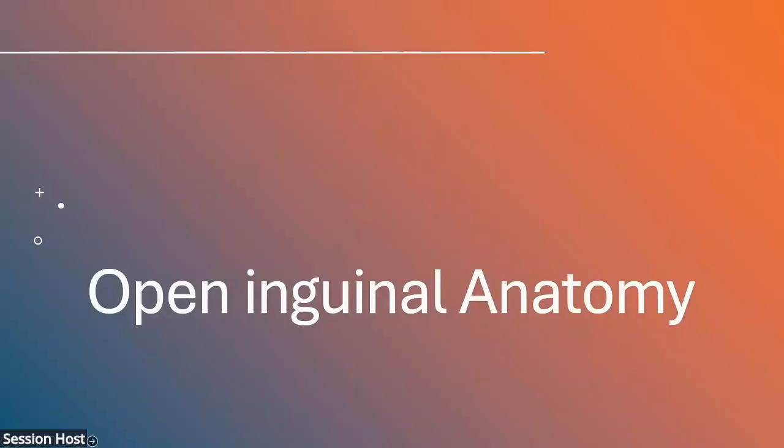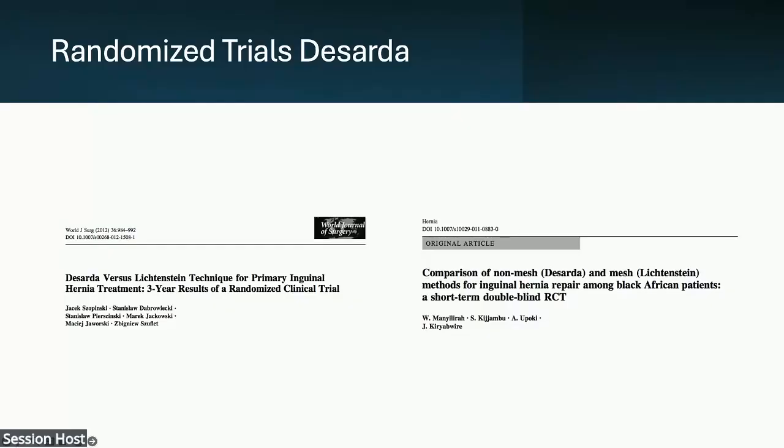Open inguinal anatomy. First, I will step into the Desarda repair. It's a very interesting repair because there were some good randomized trials between Desarda and Lichtenstein repair, and they had the same results.